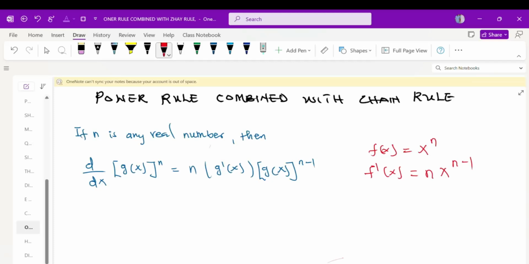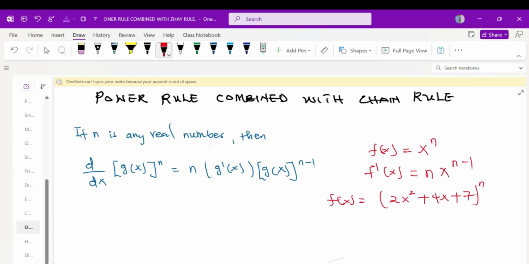Like maybe given f of x to be 2x squared plus 4x plus 7, whose exponent will be power n. How are you going to differentiate this function? You see, that's when we combine the power rule with the chain rule. Okay, so let's dive into the lesson.